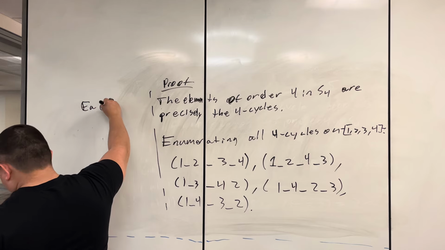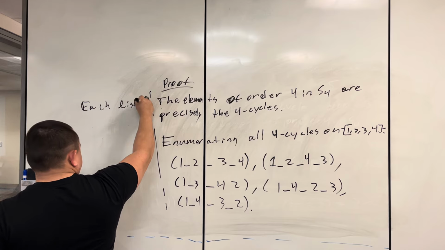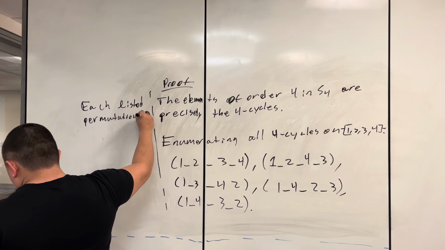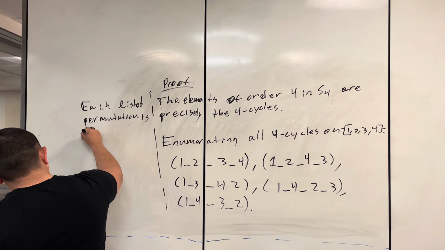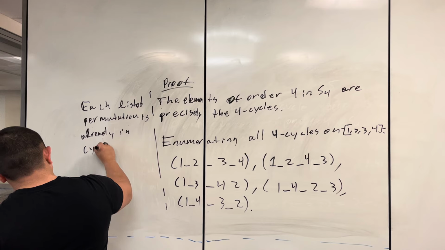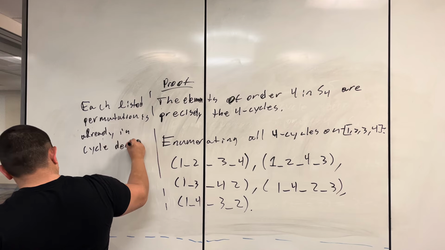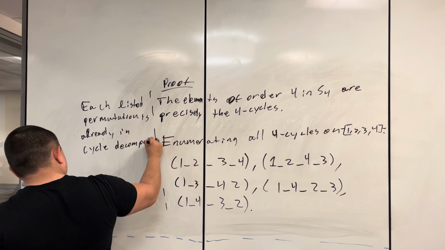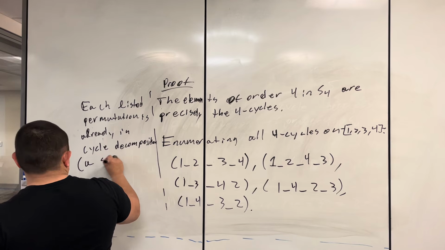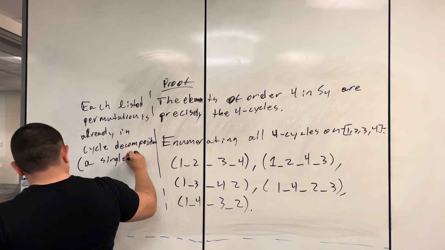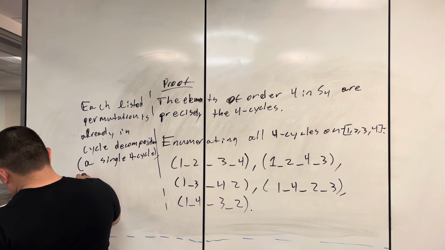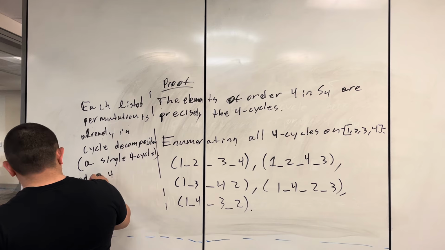So each listed permutation is already in cycle decomposition. A single 4 cycle. And a 4 cycle has order 4.